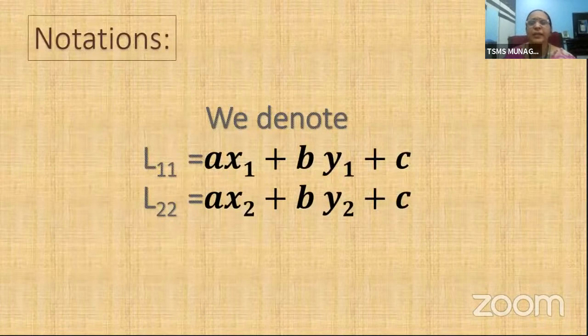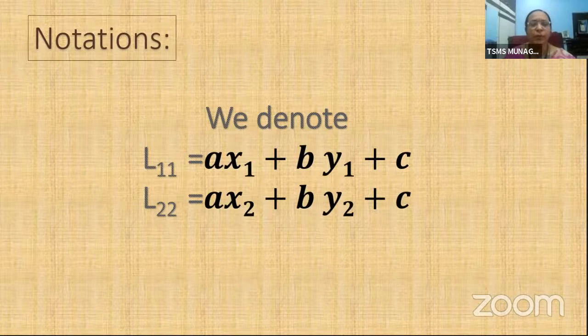Now let us learn some notations, because all the time it may not be possible to write the equations. The notation is: if you substitute x1, y1, the expression becomes ax1 plus by1 plus c, which we are going to denote as L11. So L11 is simply the substitution of x1, y1 in the standard form, giving ax1 plus by1 plus c.